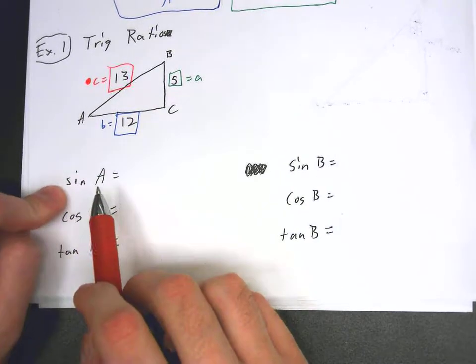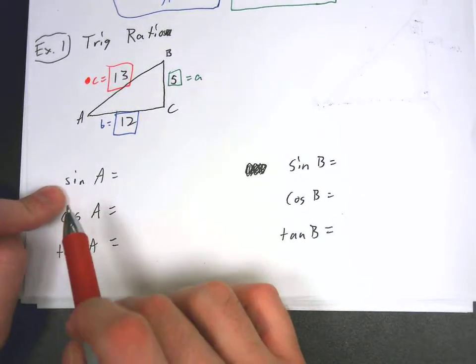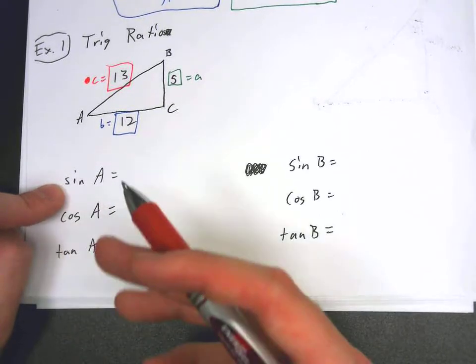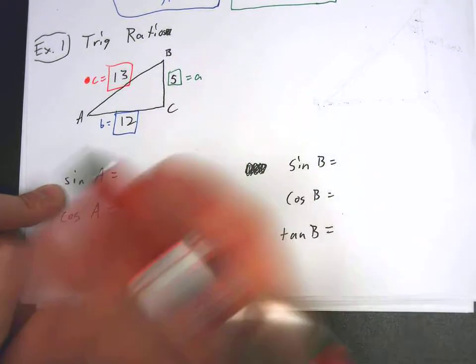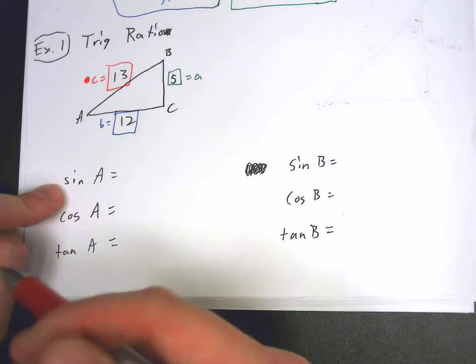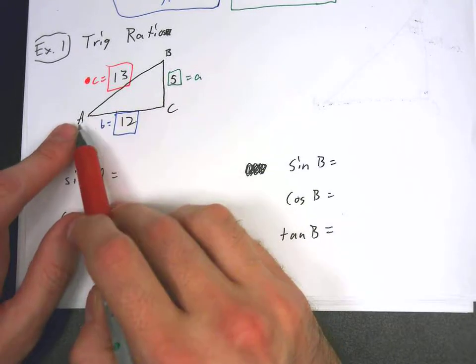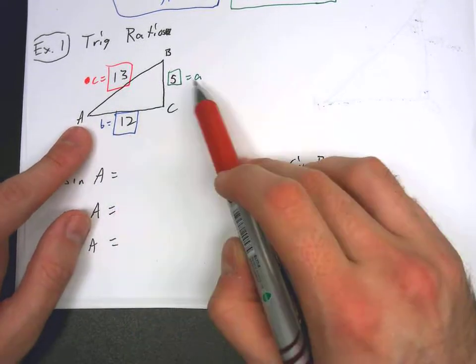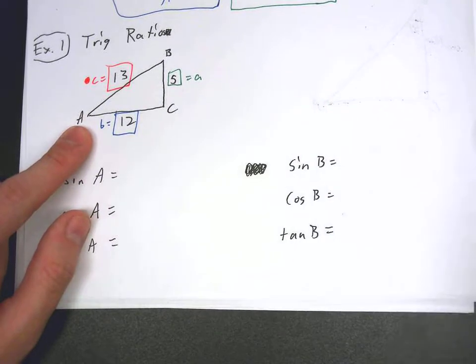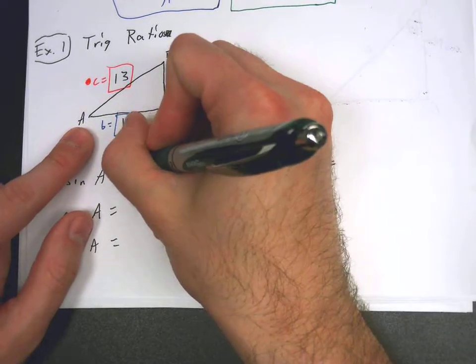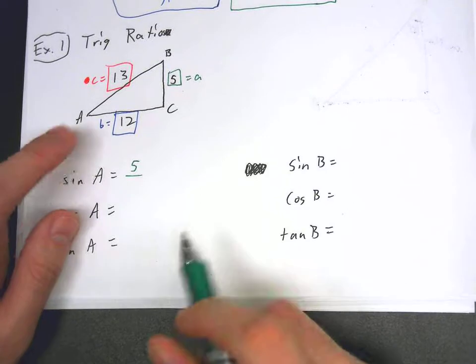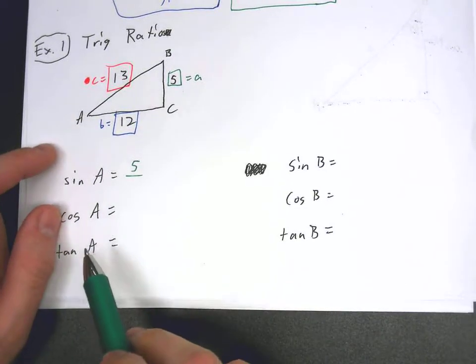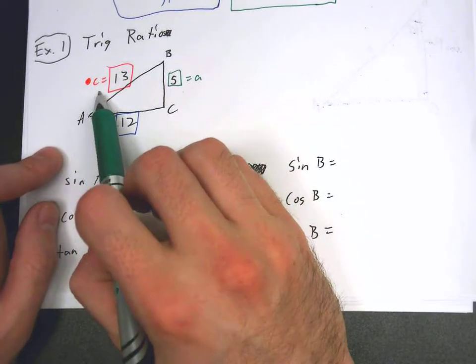So sine of A, if you go back to your notes on the previous section, is opposite of A, or just the opposite of the angle, over the hypotenuse. So if we're looking at A here, opposite of A, or little a in this case, is going to be 5. So in our numerator, this is going to be 5. Now, this is over the hypotenuse, which is represented by the little c.